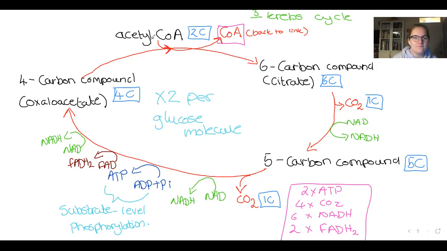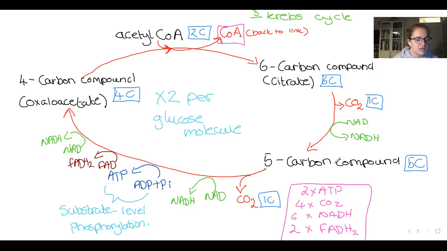Acetyl coenzyme A that was produced back in the link reaction comes along and binds with the 4-carbon compound oxaloacetate. Coenzyme A is then released, and that can go back to the link reaction. The joining of those 2 compounds forms a 6-carbon compound, which is called citrate. This 6-carbon compound is going to be converted to a 5-carbon compound.